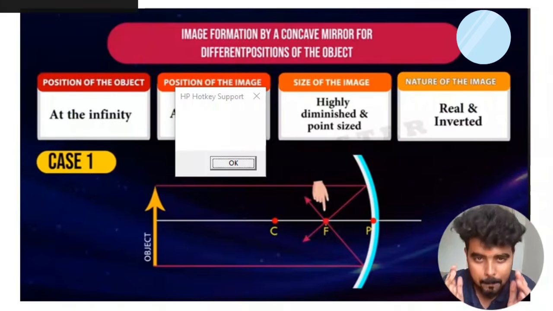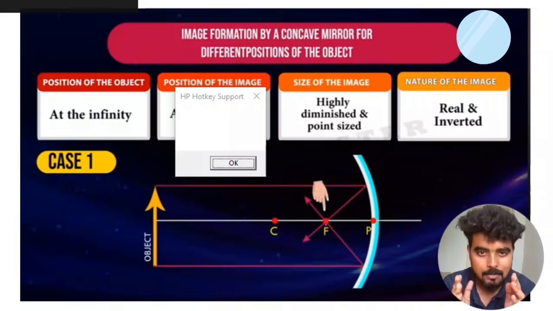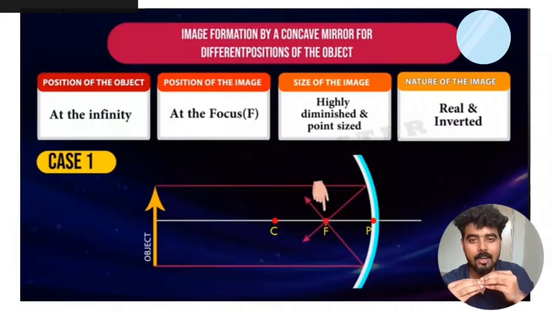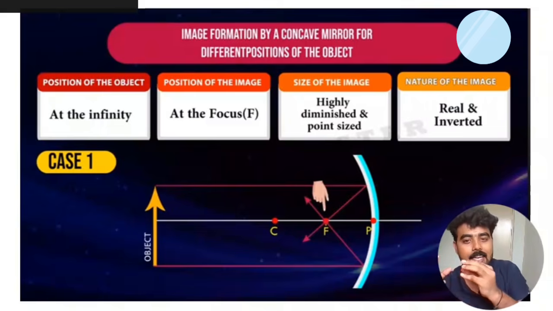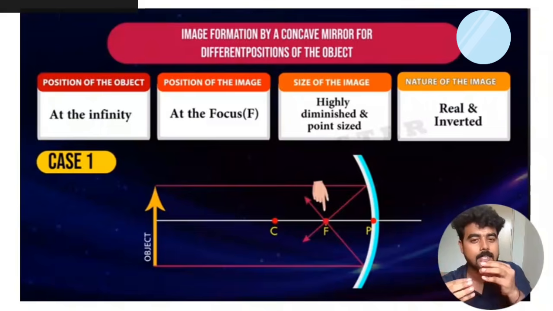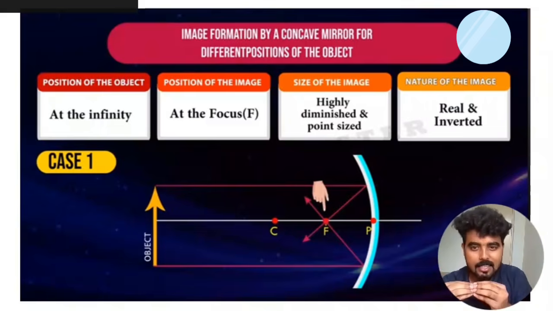Now, let's combine these rules and draw the ray diagrams for a concave mirror based on different object positions. Case 1. When the object is placed at infinity, when the object is very far away, the incoming rays are parallel to each other.